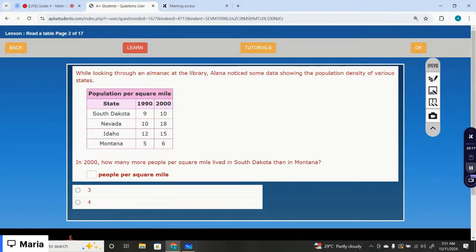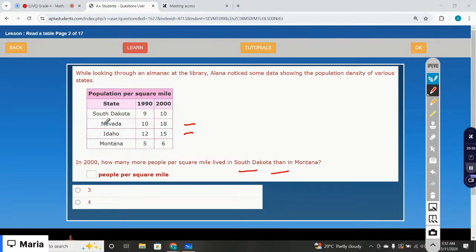While looking through an almanac at the library, Elena noticed some data showing the population density of various states. In 2000, how many more people per square mile lived in South Dakota than in Montana? In South Dakota and in Montana, you have to see 2000, right? In South Dakota, you have 10 and Montana, you have 6. So how many more live in South Dakota than Montana? 10 take away 6 is 4. So, the correct option is option number 2.